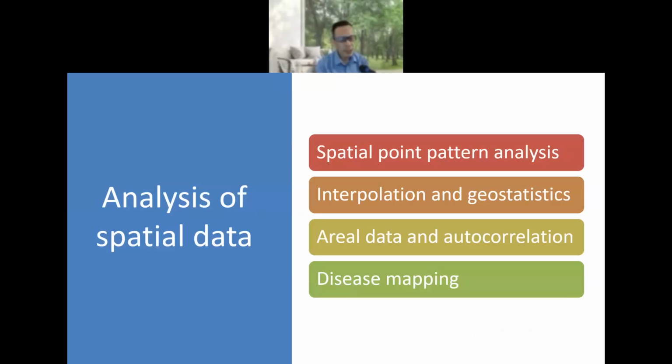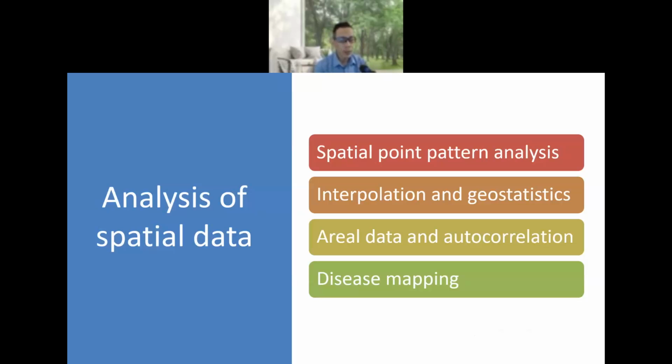So when you want to analyze spatial data, you can do spatial point pattern analysis if you have point data. You can do interpolation and geostatistics.